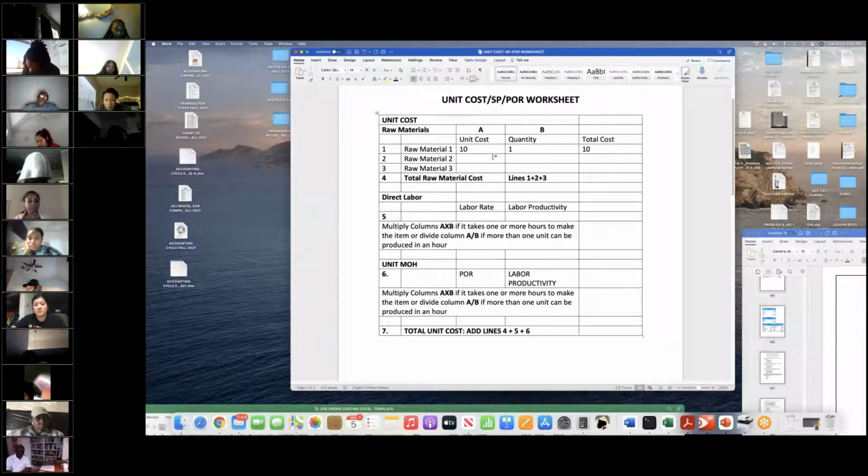Then for the ink, the cost of the ink was what? 20. 1 cartridge was 20. And so our total raw materials cost was 30. 30. Is there any question from anybody on that 30?